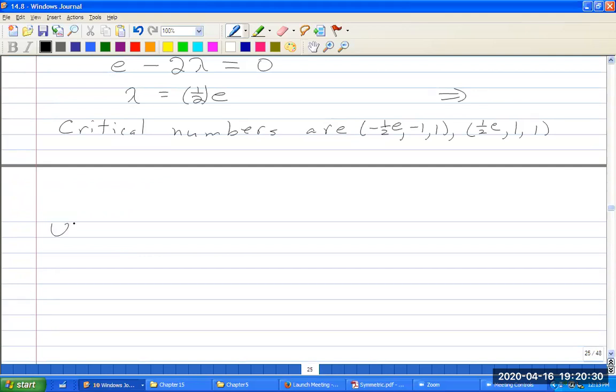So this will involve the bordered Hessian.